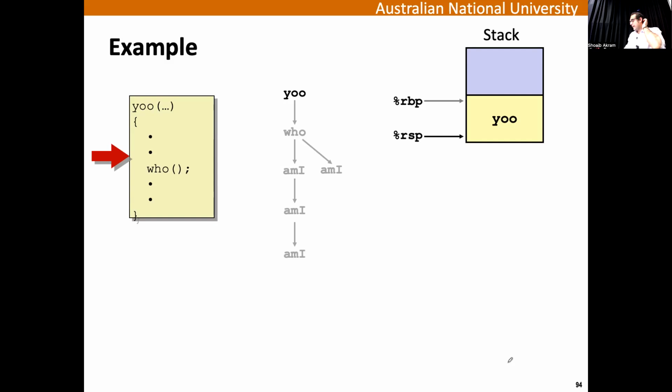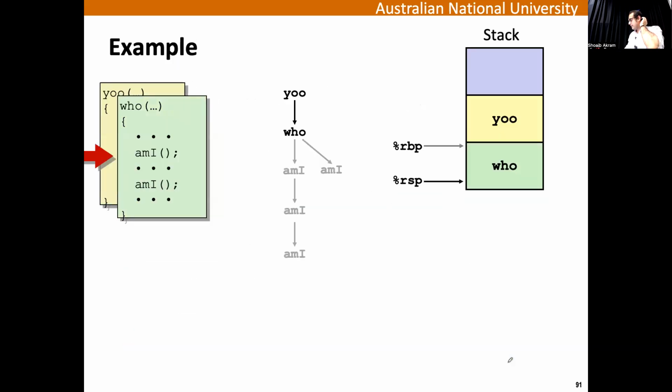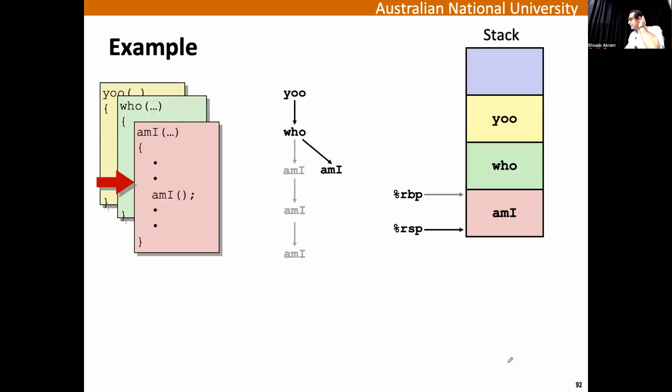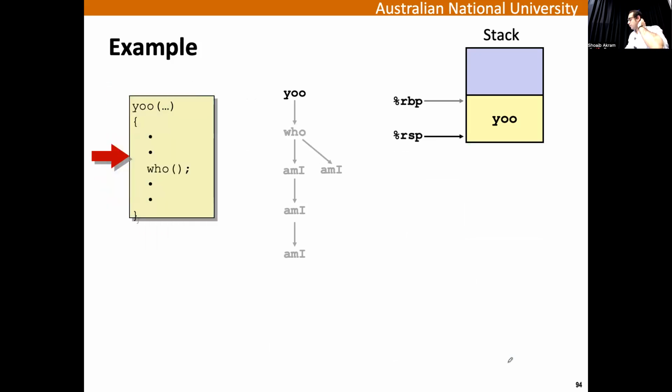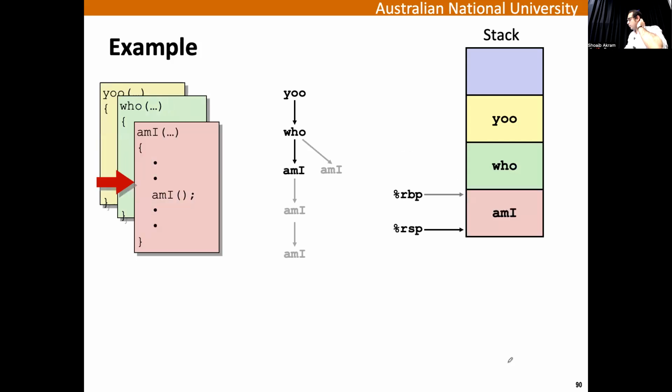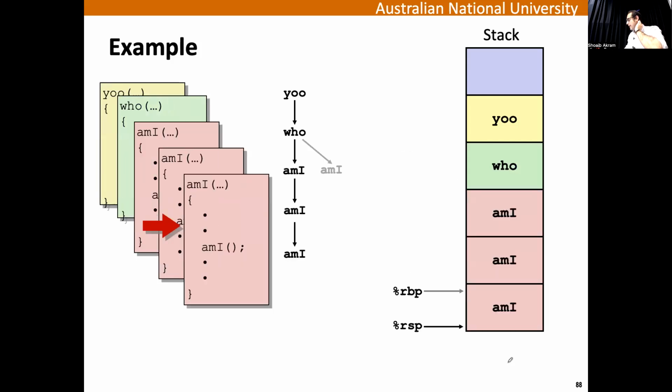So for instance, at this point, the execution environment has 3 stack frames. At this point, 2, then 1. At some point, there's 5. And this really helps us in debugging. You know, we want to check the values across the stack.